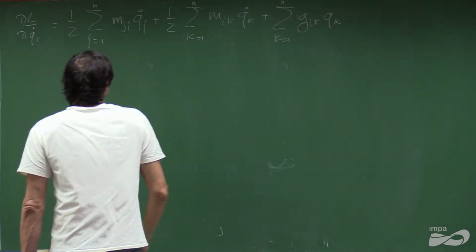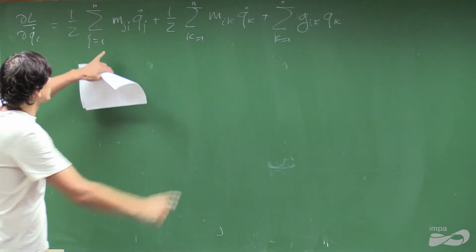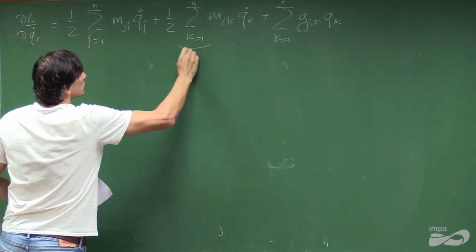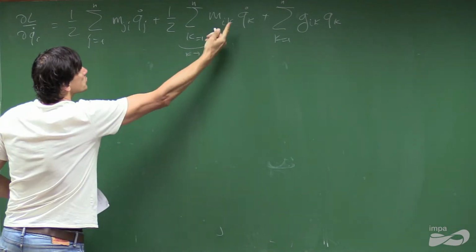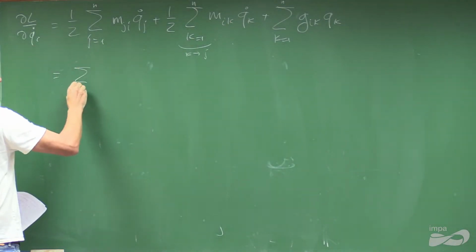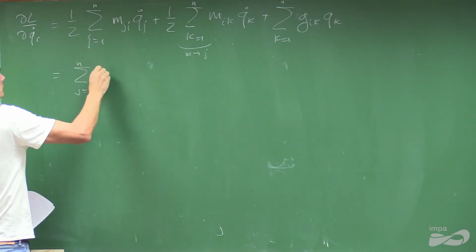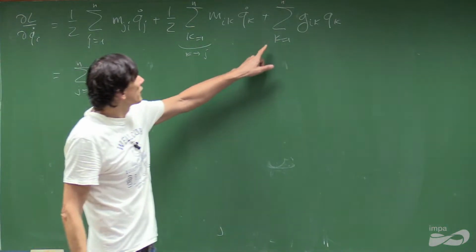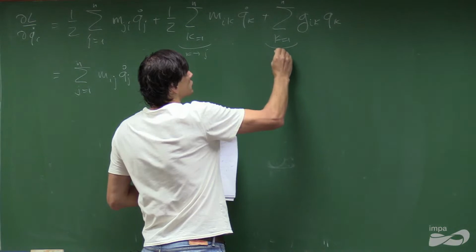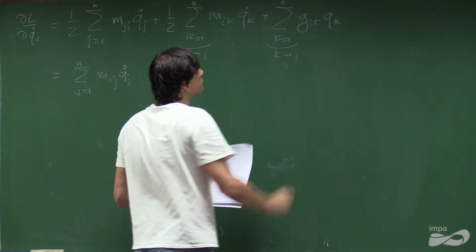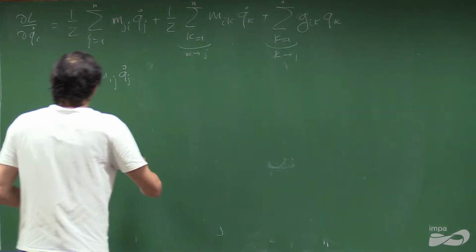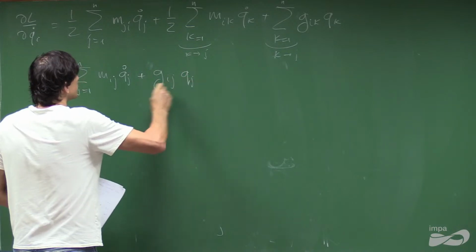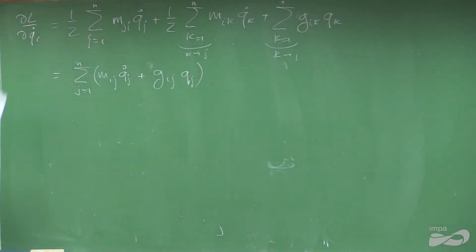And remember that we take this sum together because M is a symmetric matrix, so we change k to j and then switch this value, so it will become m_ij q_j dot. Okay, so this is the term we found.